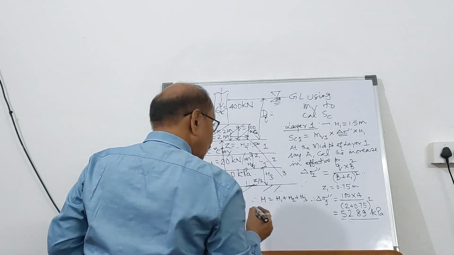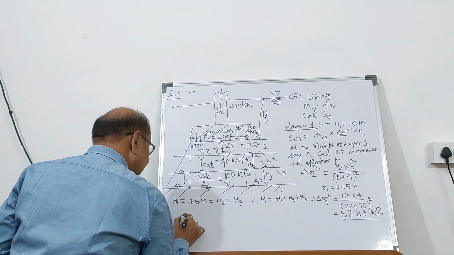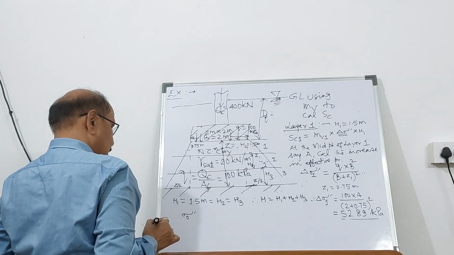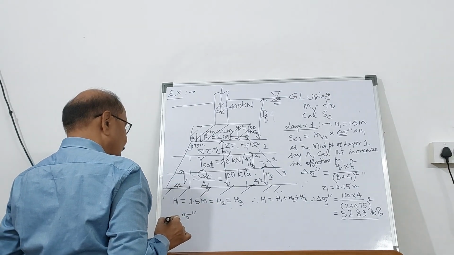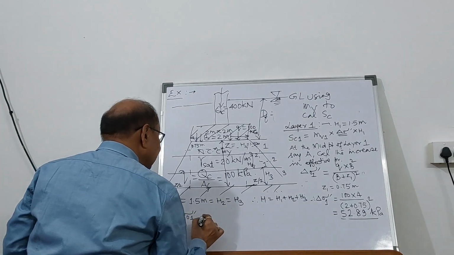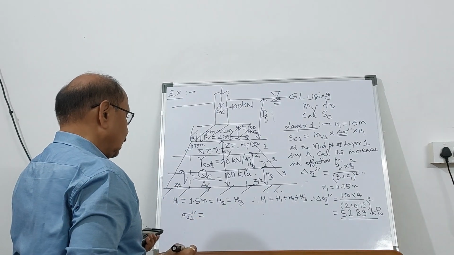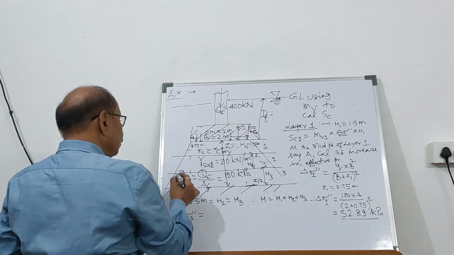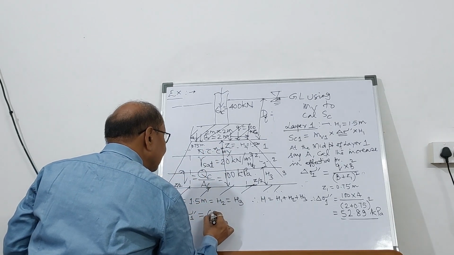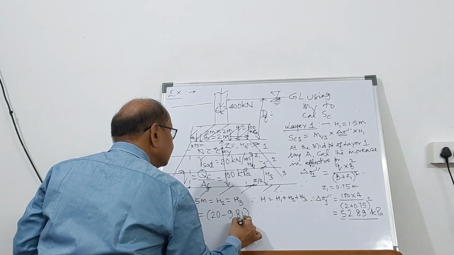Now, what is the effective overburden pressure? The effective overburden pressure sigma naught prime at the midpoint for layer 1 has to be calculated. Now you know the saturated unit weight is given to you as 20, but there is water table, so minus 9.81.